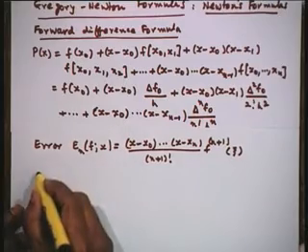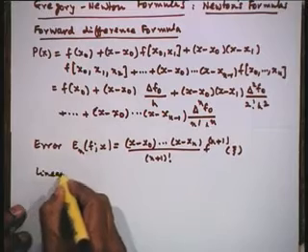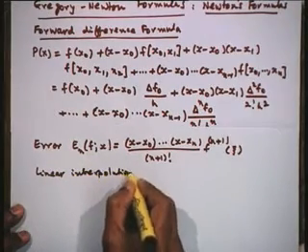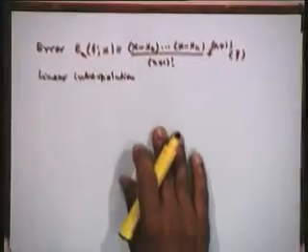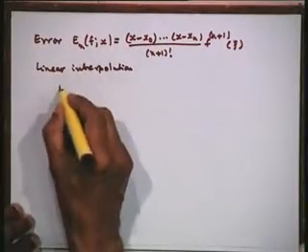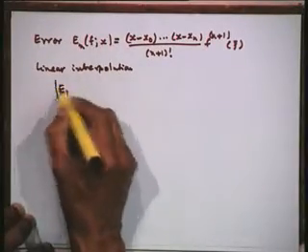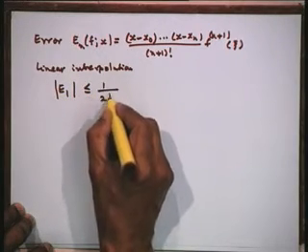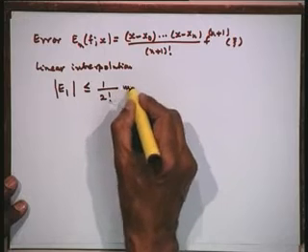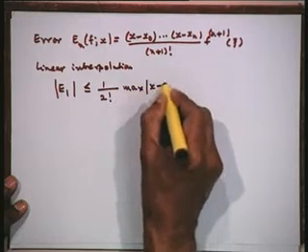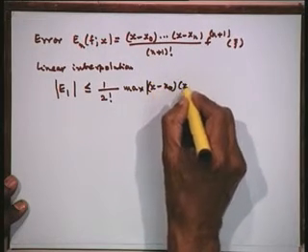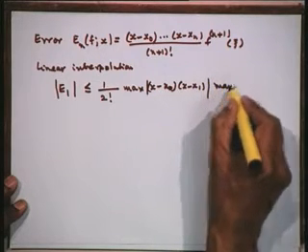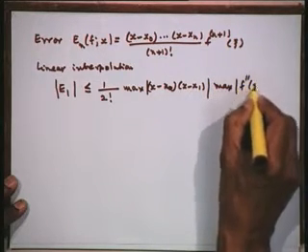Let us suppose I am using only linear interpolation. Then the error would be E1, let us write down its magnitude also. The magnitude will be less than or equal to 1 upon factorial 2, maximum of x minus x naught, x minus x 1, and maximum magnitude of f double dash of xi.